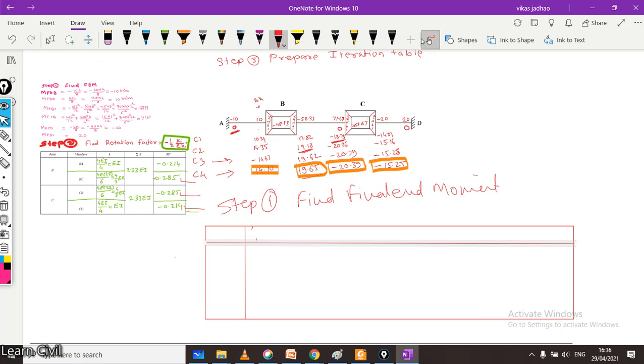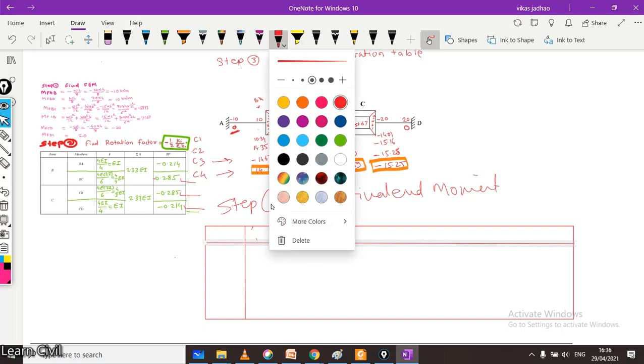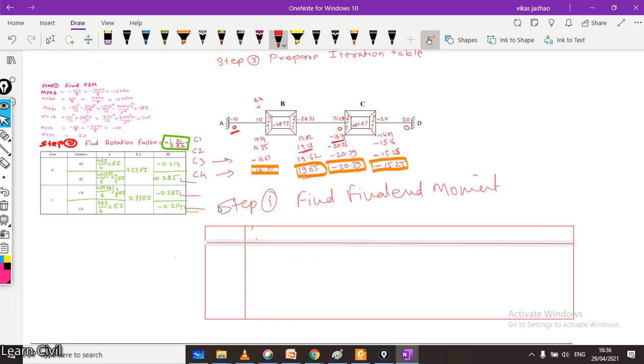In column 1 write down fixed end moment, and then rotation contribution at near end, and rotation contribution at far end.